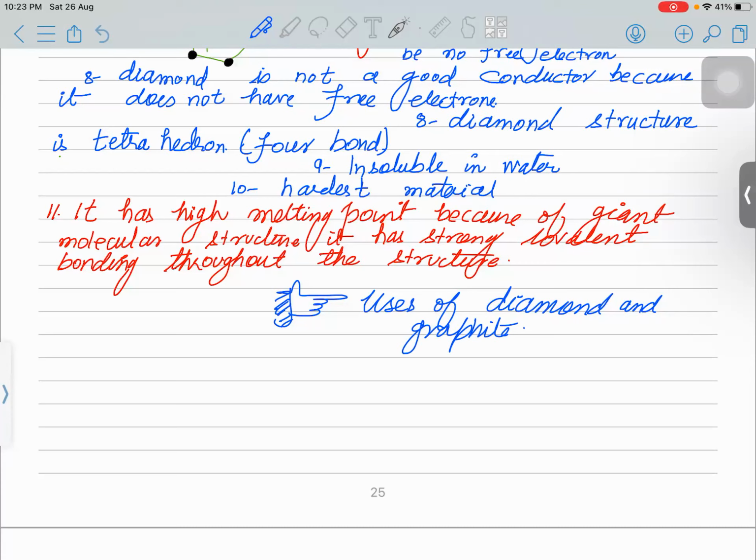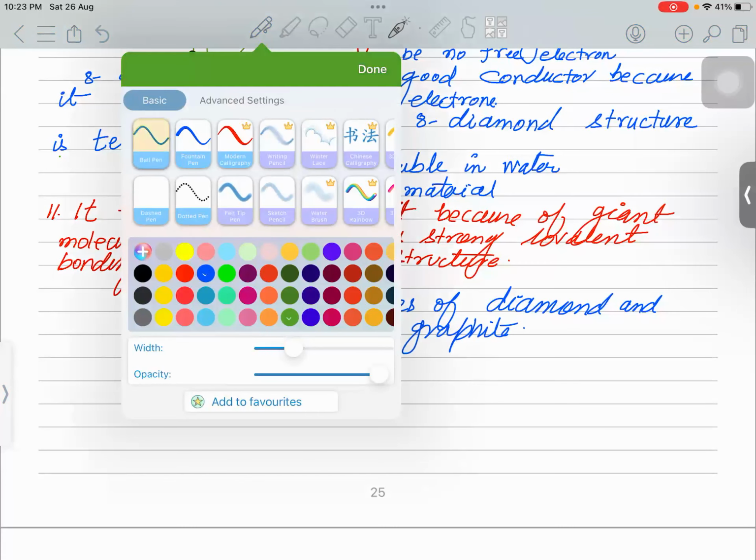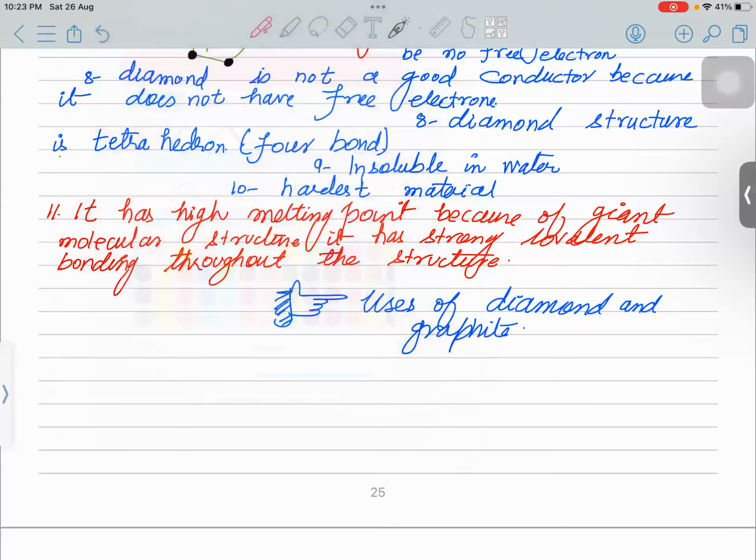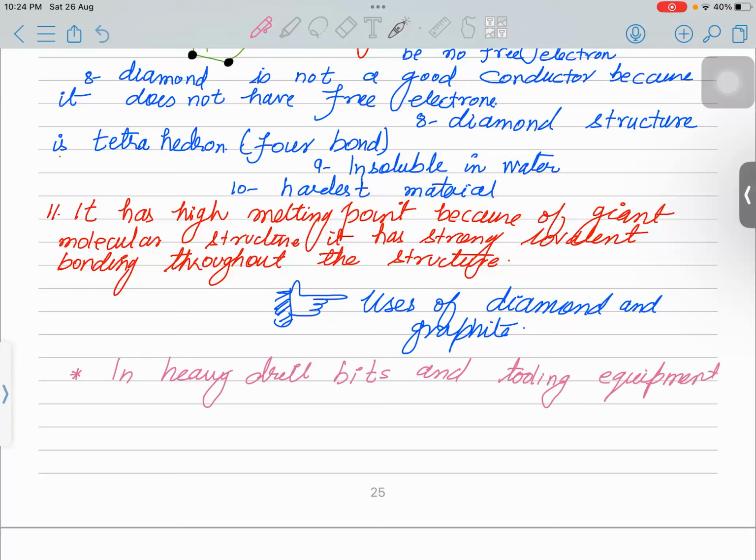Now, in heavy drill bits and tooling equipment, diamond is used.